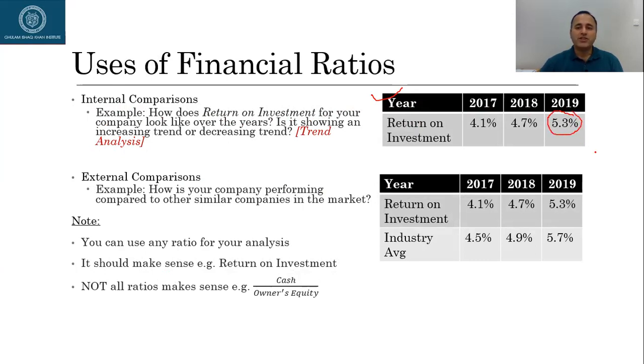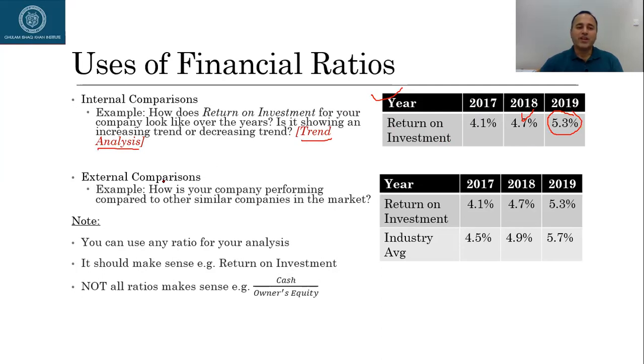As a finance manager, sometimes you're curious, and you're curious for the right reasons, how this performance compares to last year's return on investment. So of course, you can use financial ratios for internal comparisons. And if you're comparing those ratios over a period of time, it's called trend analysis.